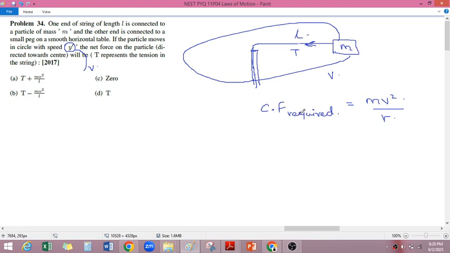When a car is taking a turn, the friction between the tires and the road is what is giving the centripetal force. Everyone following? This is a theoretical value required. When the electron is going around the nucleus, who is providing the centripetal force? Anybody?